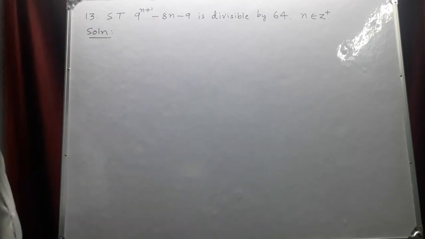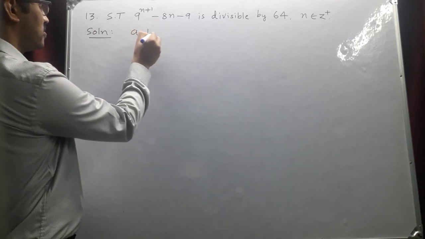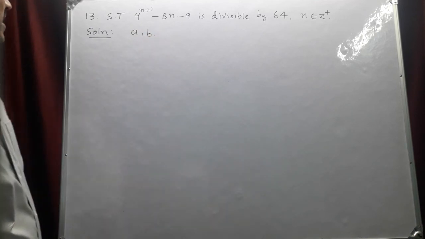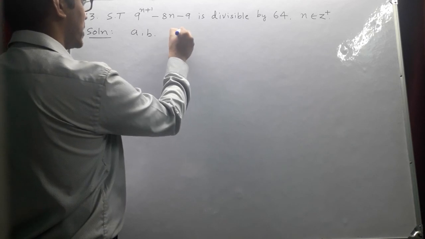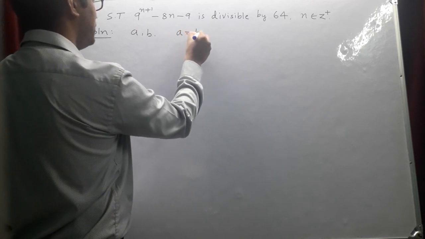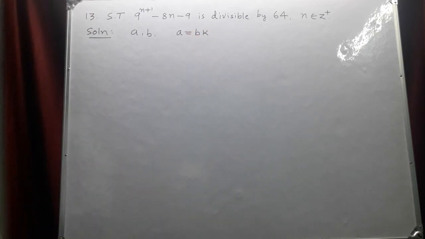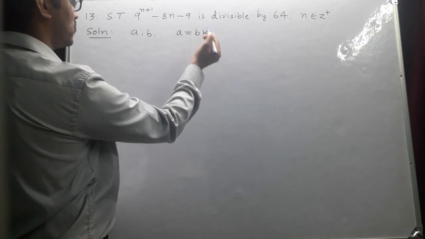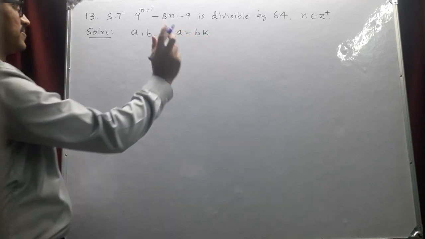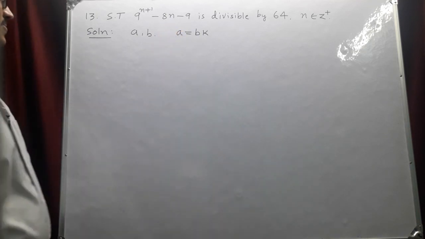Suppose you consider two numbers a and b. Then we can say that a is divisible by b if we can write a = b × k, where k is any integer. If we can write a = b × k, then we can say that b divides a.